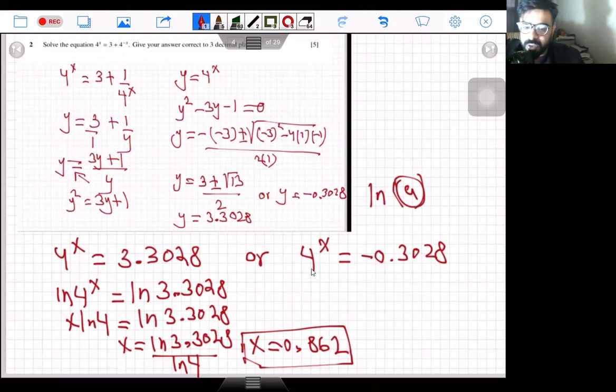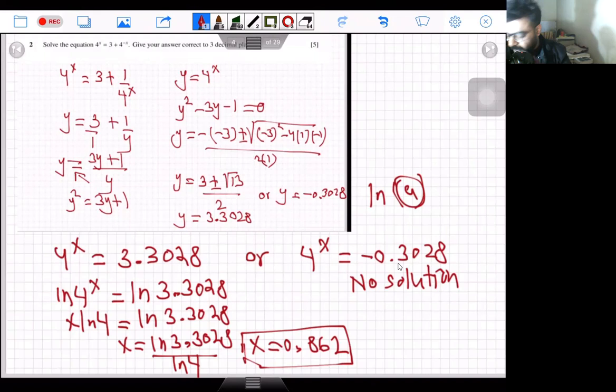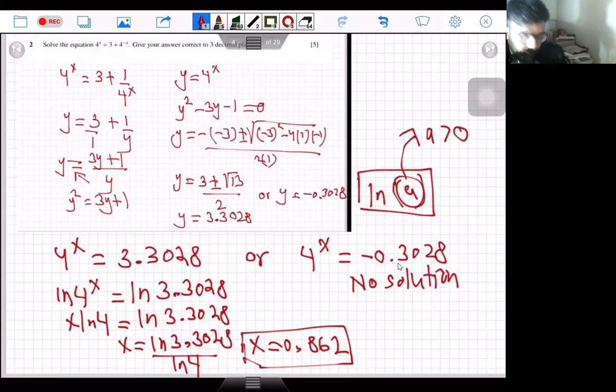If you take ln on both sides, there will be no solution to this. Therefore, you will just mention no solution. The term in the ln function is actually supposed to be greater than 0, because ln 0 is itself also undefined. So if I say a form is ln a, so this a is supposed to be greater than 0 always. Therefore, no solution to this.